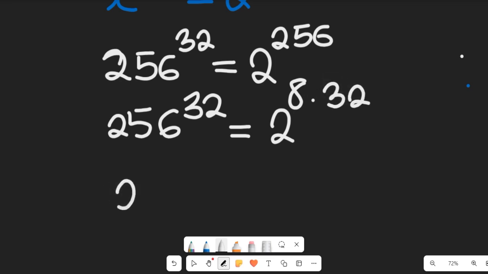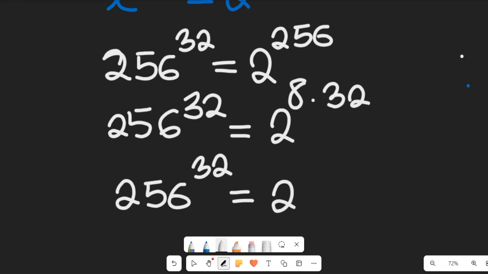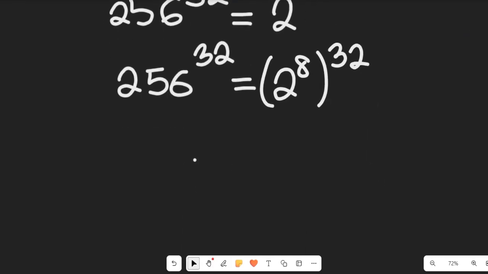So this will give us 256 to the power of 32 equal to 2 to the power of 8 multiplied by the power of 32. 2 to the power of 8 gives us 256.